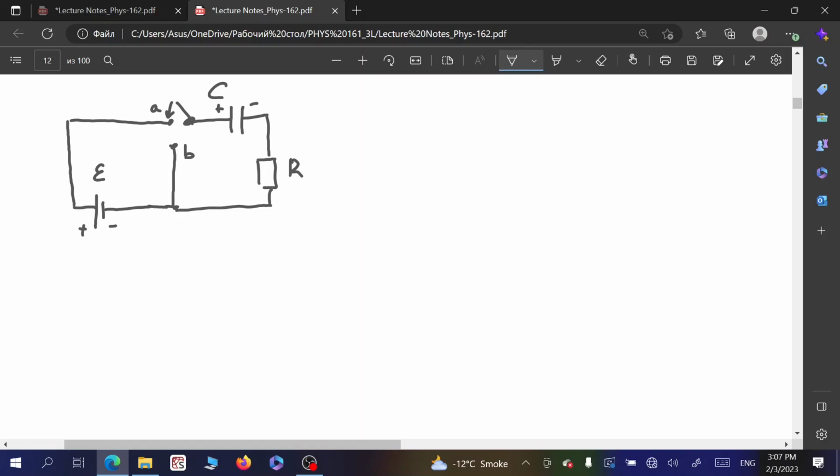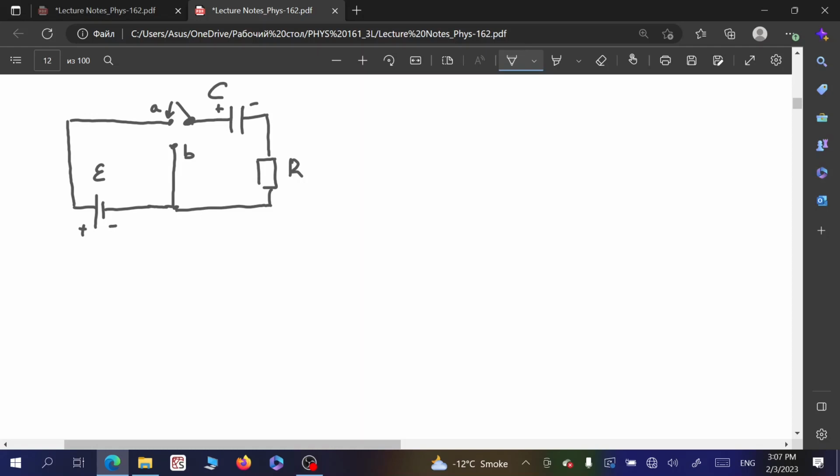Since we don't have any current when this capacitor is fully charged, the potential difference at the plates of the capacitor should be equal to the electromotive force of the battery. They have opposite polarities, they compensate each other, and there are no conditions for any further charging of the capacitor, and that means there will be no current.